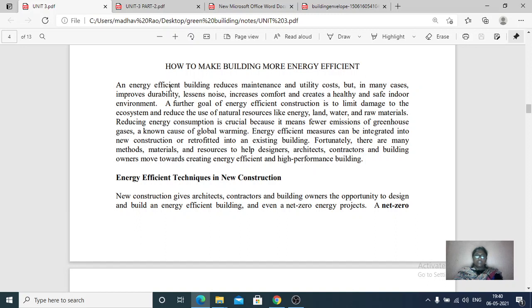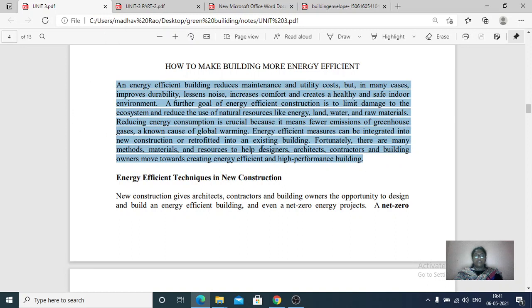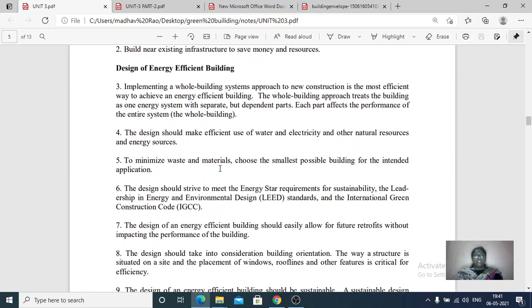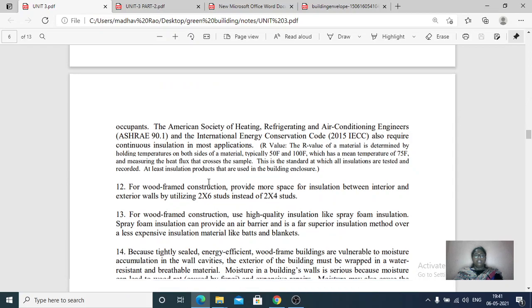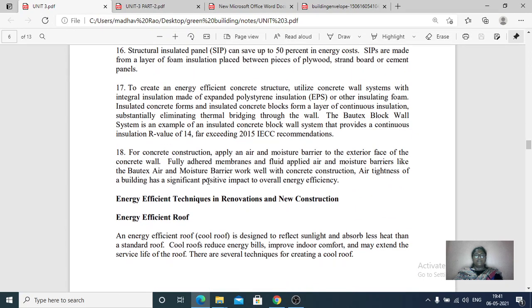An energy efficient building reduces maintenance and utility cost, and in many cases improves durability, lessens noise, and increases comfort. So when you are taking the building envelope into consideration, you also have to take ventilation, roofing, and wall painting into consideration.